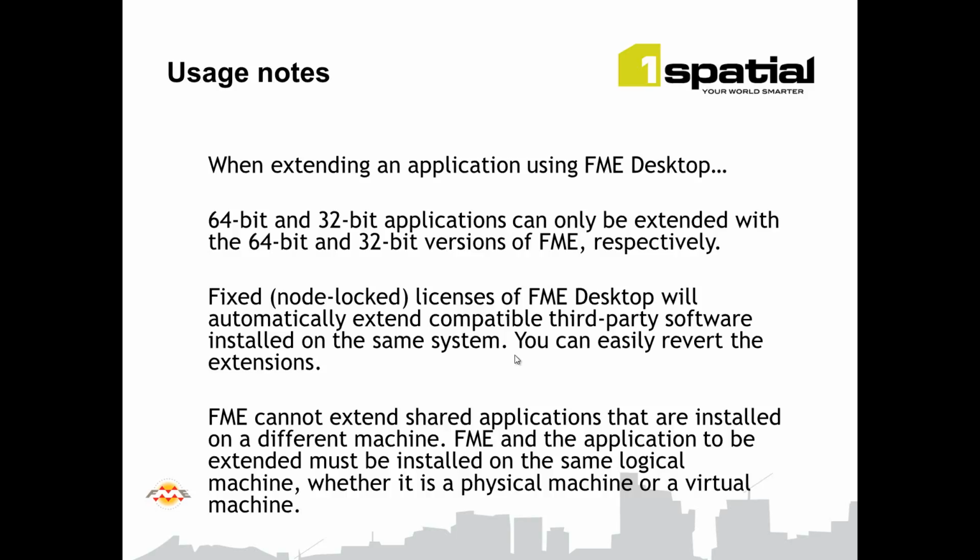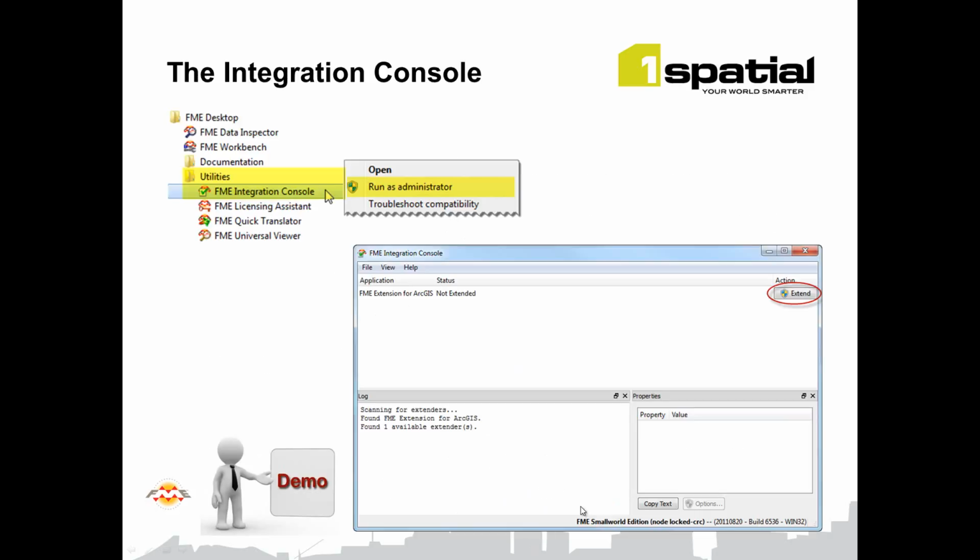FME can't extend shared applications that are installed on a different machine. That's part of what I was saying about making sure that FME server has the utility installed on the same machine if you want FME server to use the capabilities of a third-party tool. So they need to be on the same box, be it a physical machine or a virtual machine.